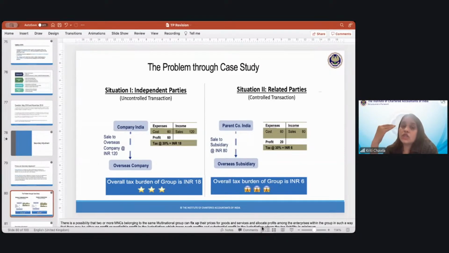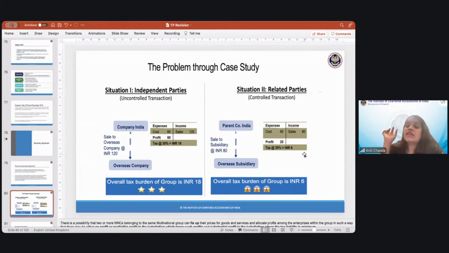So, when they make transfer pricing applicable, they will add back 40 rupees of profit here. The profit right here is 20 rupees. The profit should have been 60 rupees. So when transfer pricing provisions become applicable to this kind of situation, the tax authorities will add back 40 here, make the profit 60, and then tax it accordingly.